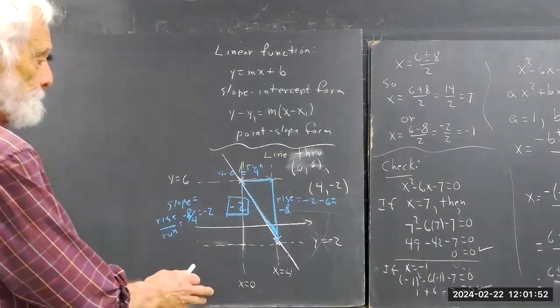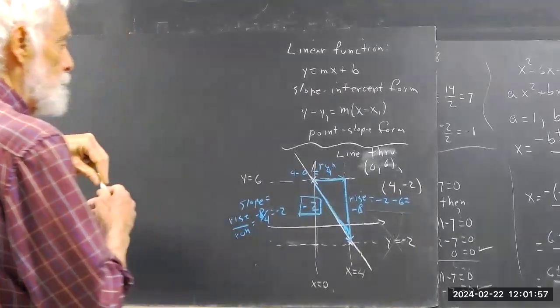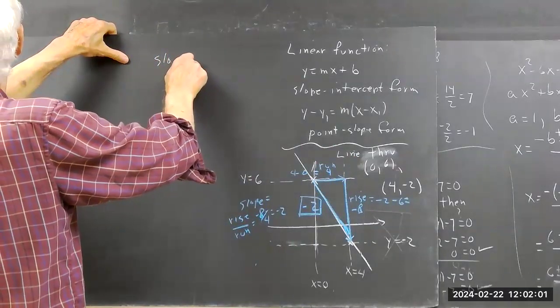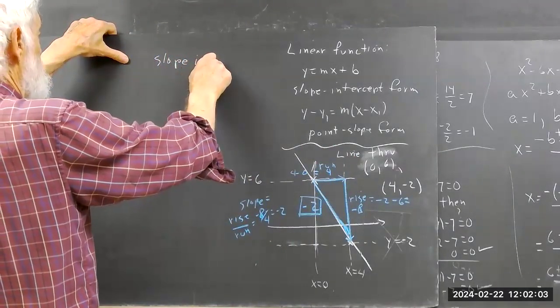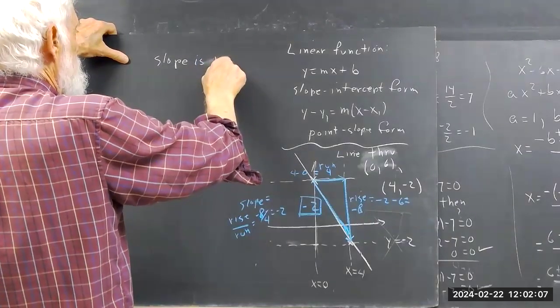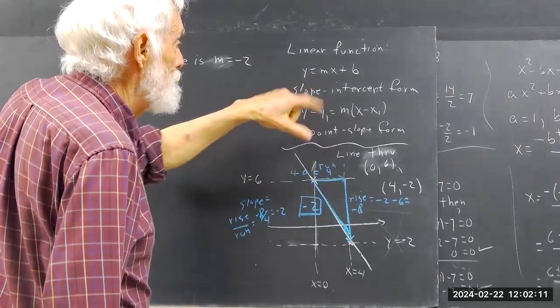Okay, so the slope of our line, and let's remind ourselves that m is the slope.